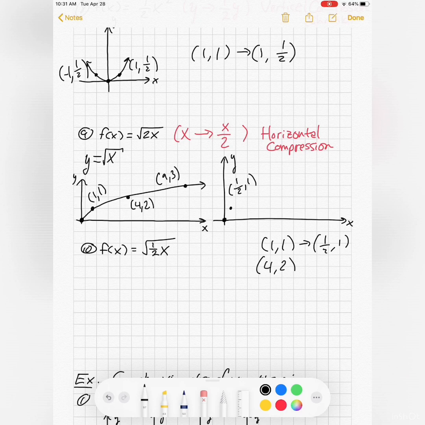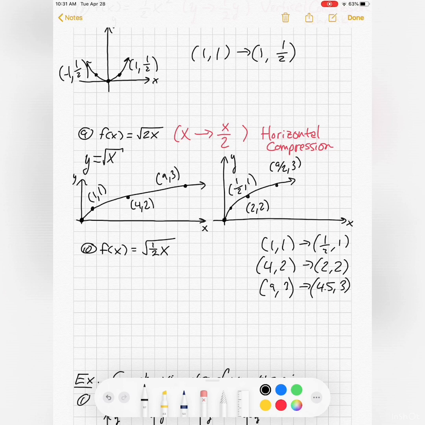Then 4, 2: divide the x by 2, 2, 2. Then 9, 3, would be at 9 halves, 4 and a half. 9 halves, 3. Okay, so it's horizontally compressed.